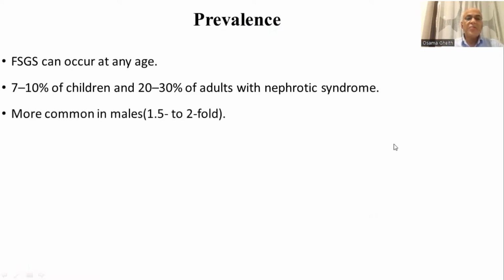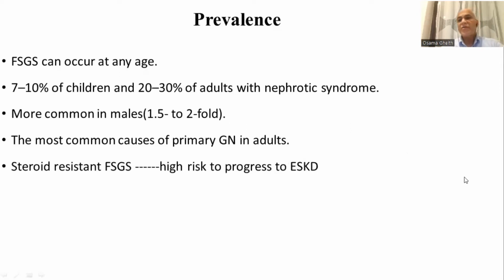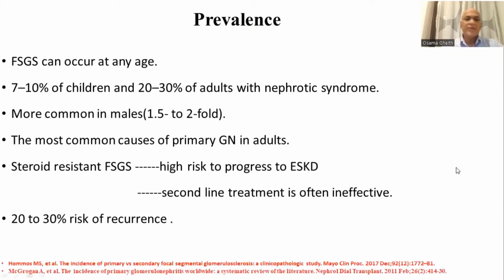It is more common in males, and it is the commonest cause of primary GN in adults. In cases of steroid-resistant FSGS, it carries a high risk to progress to end-stage kidney disease. The second line of treatment usually is ineffective, with a recurrence rate of 20 to 30% after renal transplantation.